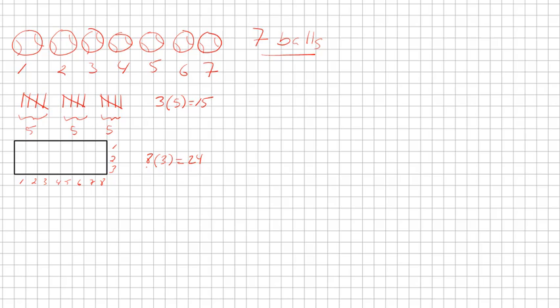So again, I've used a different way of counting without literally going back to our basics, which is count 1, 2, 3, 4, 5, 6, 7. Notice here I group by fives, and I have 3 groups of 5, so again 3 times 5 is 15.